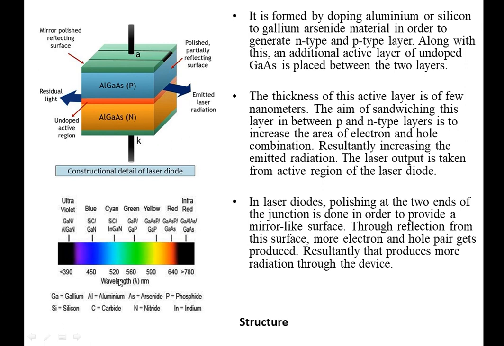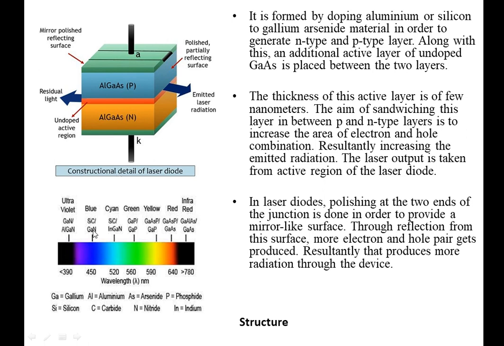Now see, this is for colors. Suppose you want to get ultraviolet, you have to use gallium nitride, GaN, and aluminium gallium arsenide, AlGaAs, to get ultraviolet. If you want this color, you have to use these materials here.